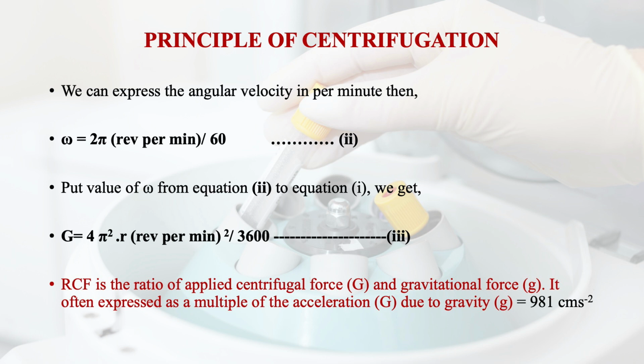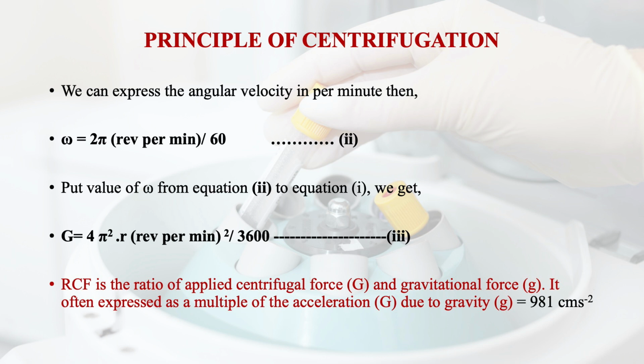Now RCF is the relative centrifugal force. It is the ratio of the applied centrifugal force and the gravitational force. Both forces act on the particles during the sedimentation process in the centrifuge. RCF is often expressed as a multiple of the acceleration due to gravity, which is expressed as small g.